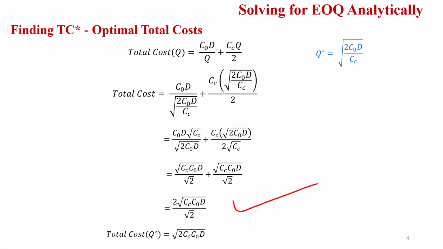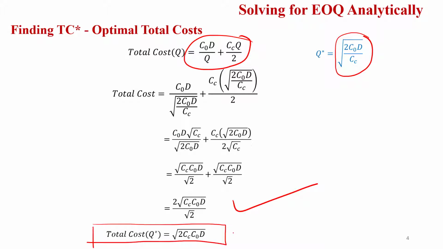We started from the total cost and replaced Q with the optimum order quantity, and we simplified it.